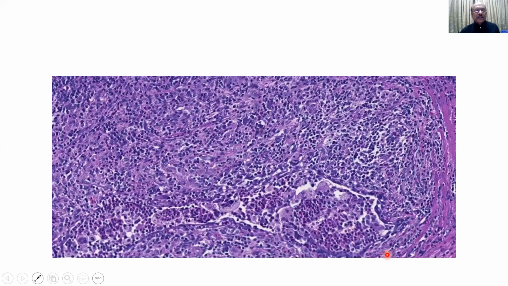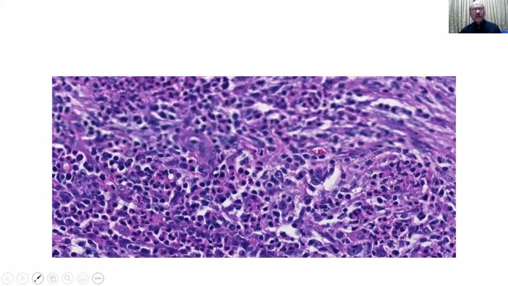And in the next, here is a very dilated duct containing polymorphs. Dilated ducts containing polymorphs. Here you see lymphocytes and histiocytes infiltrating. High power view.